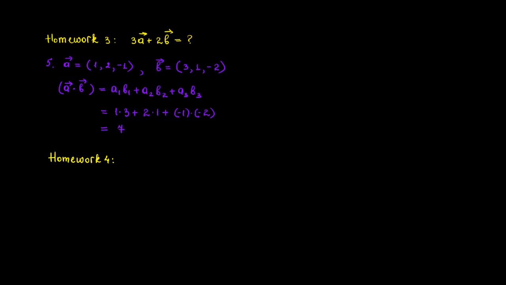Then what is the angle between A and B vector? Okay, so A and B vectors are given here. Okay, nice.